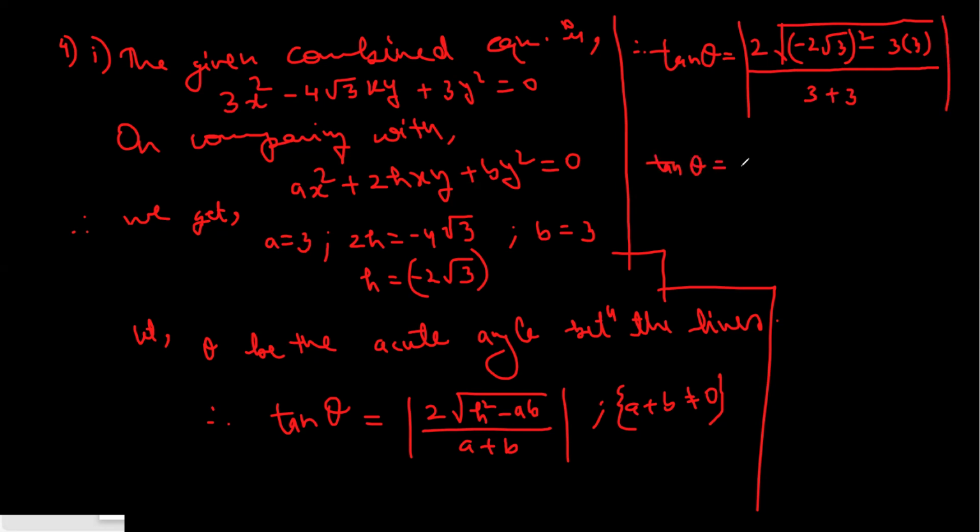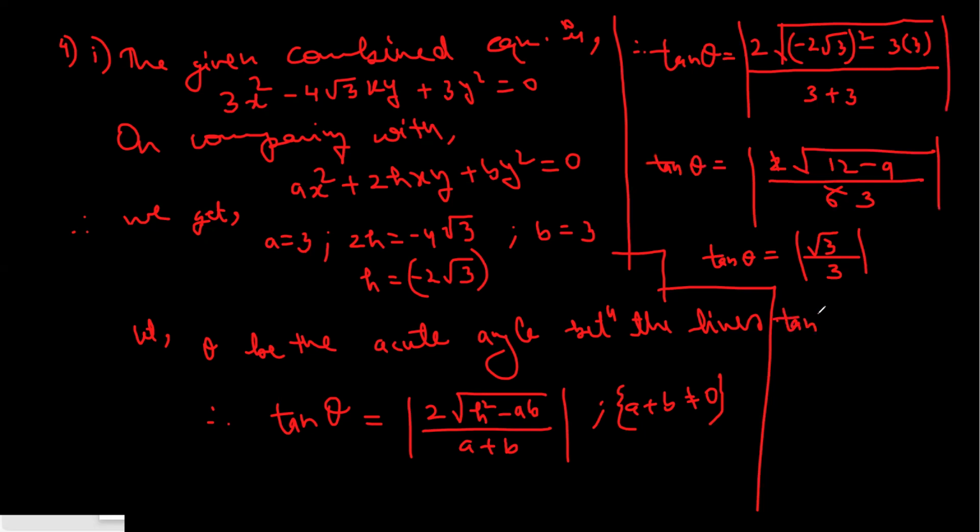So tan theta equals 2 root of h square, that is 4 into 3, 12 minus 9, upon 6. So 2 threes are 6. So tan theta is root 3 upon 3.